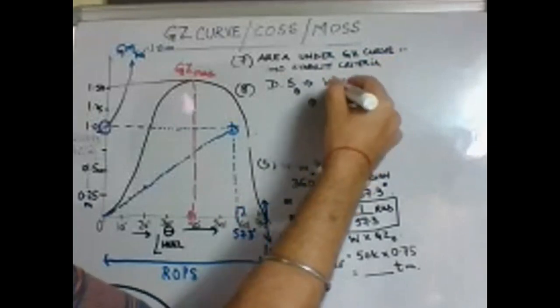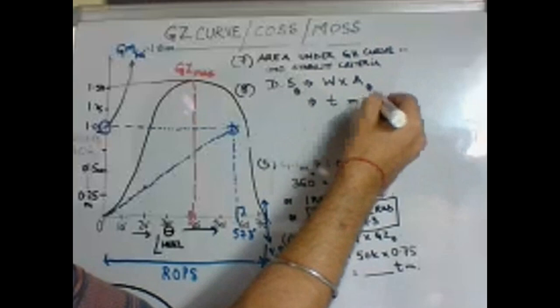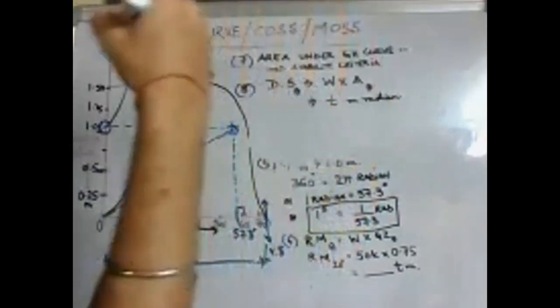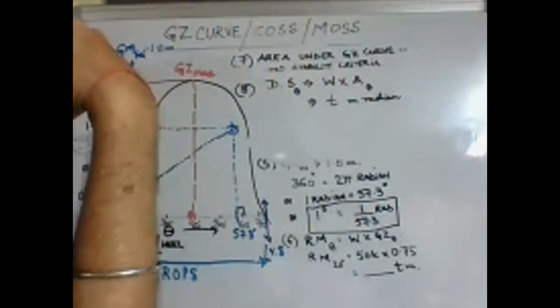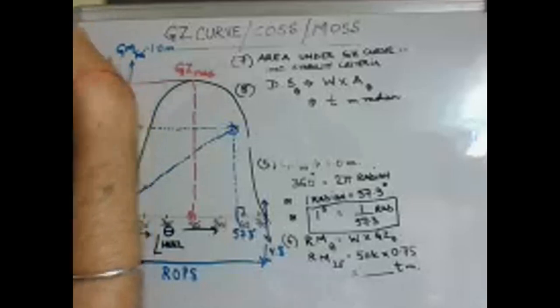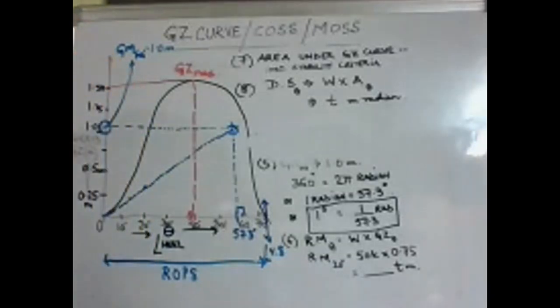Its units are ton meter radian. It is used in damage stability calculations.